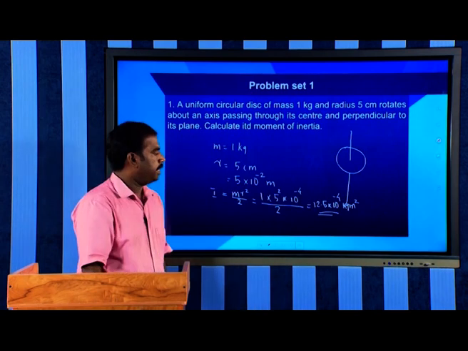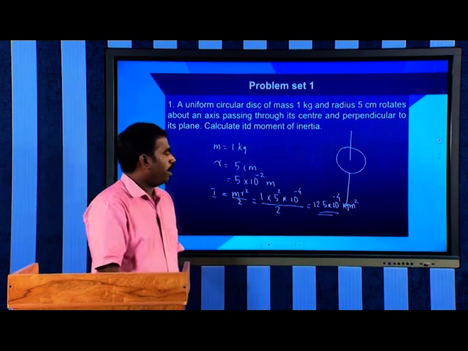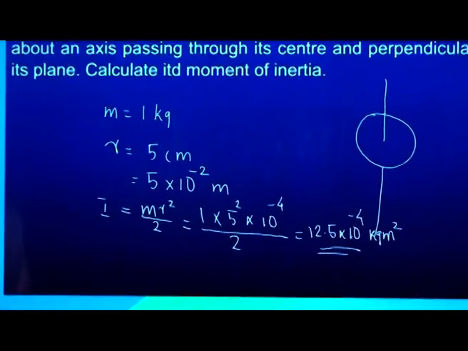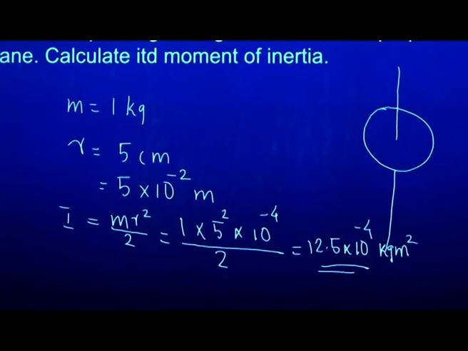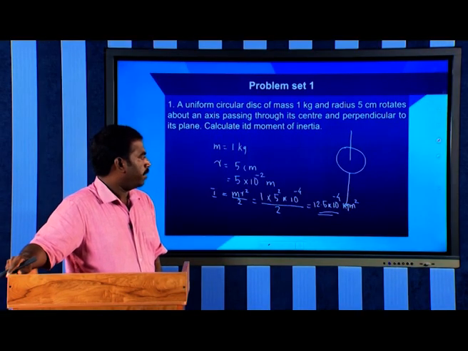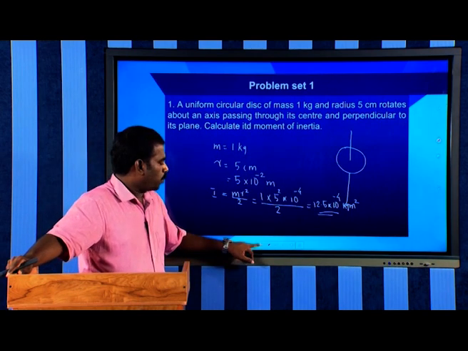So, this is the moment of inertia of a circular disc about an axis passing through its center and perpendicular to its plane. Hope you understood this numerical problem. We can go to the next problem.